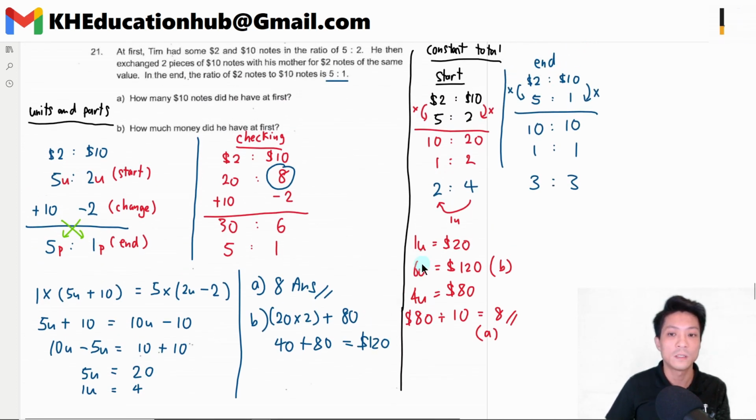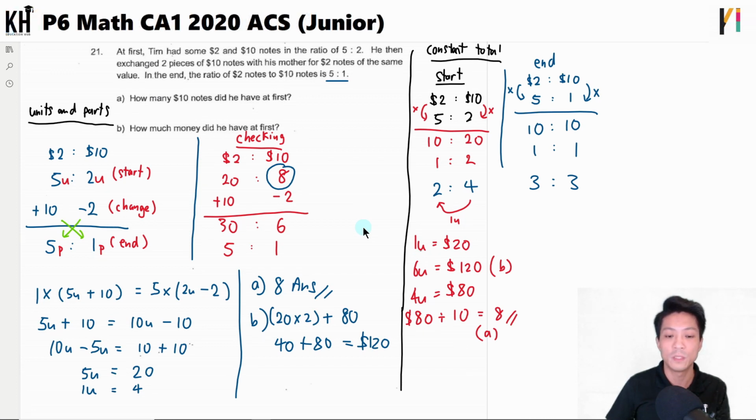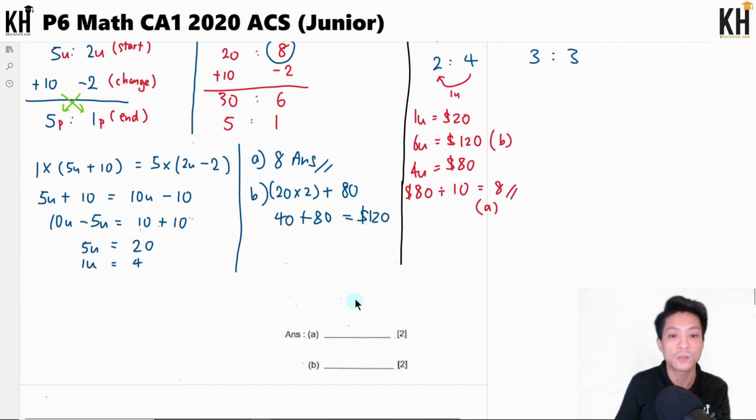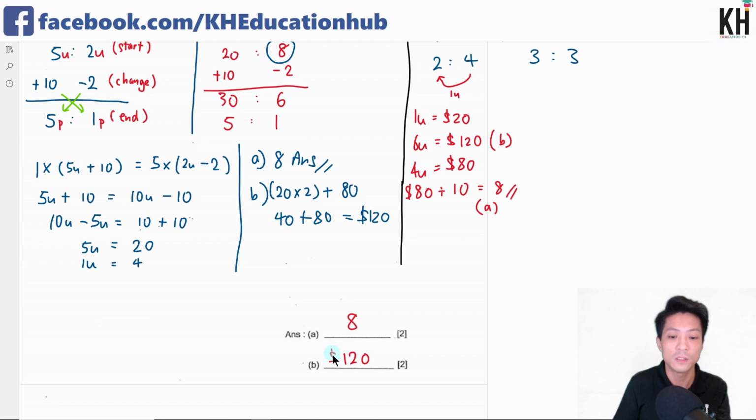So these are 2 ways to solve this problem, and both methods I also got the same answer. So this would be 8 and this would be $120.